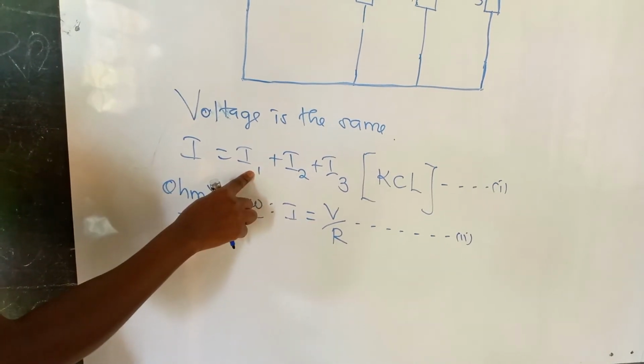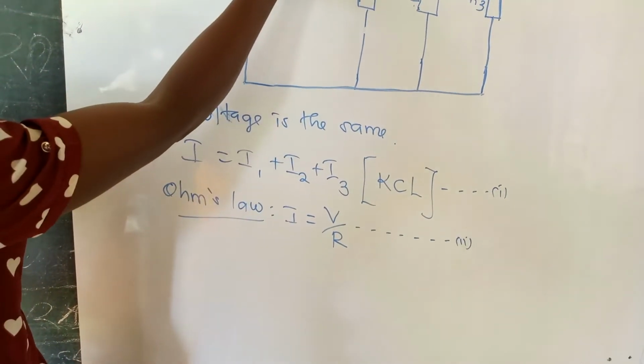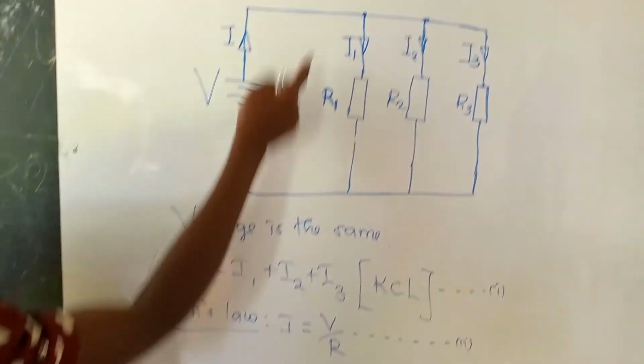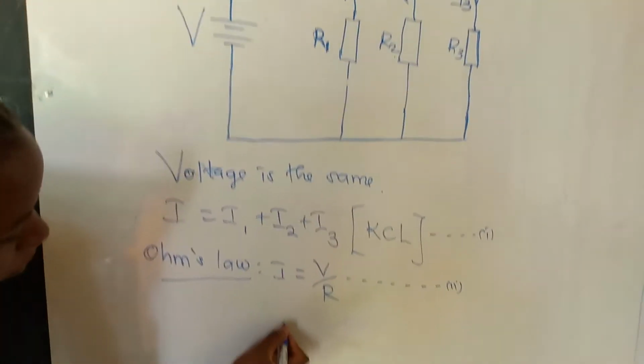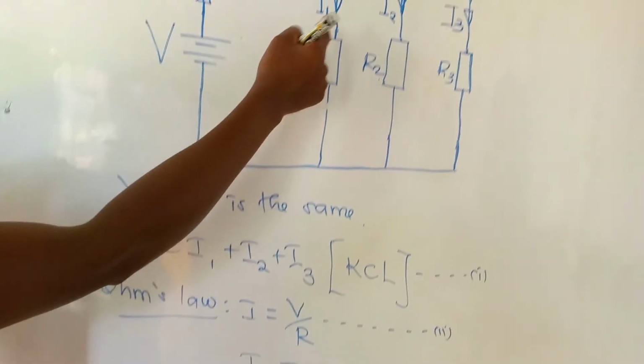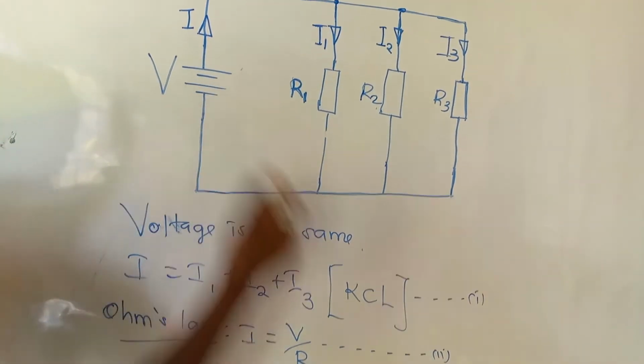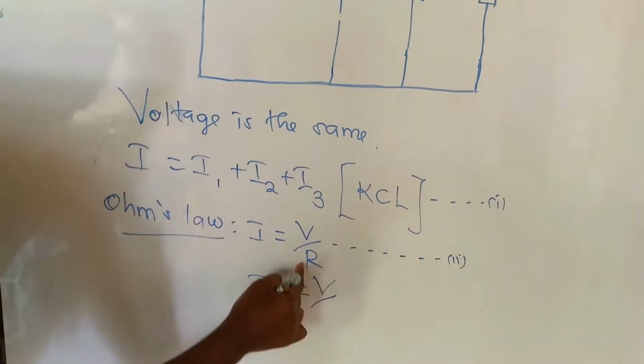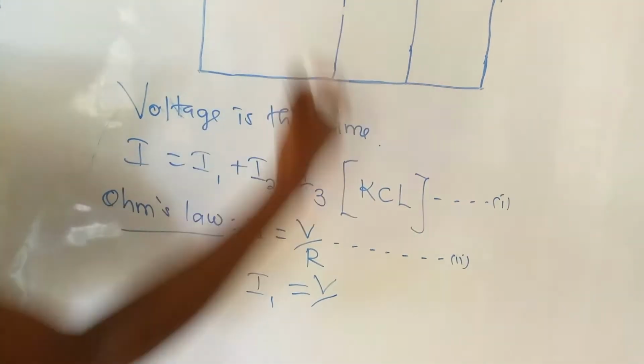What about I1? How are we going to get current I1, which is the current flowing through resistor R1? I1 is going to be equal to the voltage here, which is the same as the source voltage, V, over the resistance, which is R1.